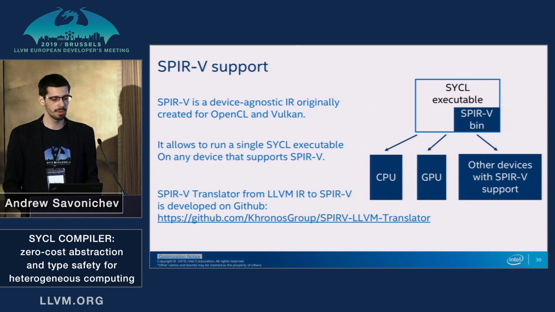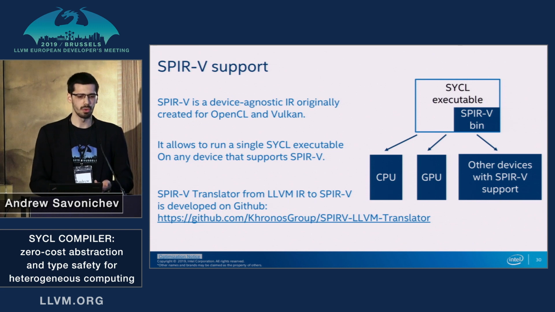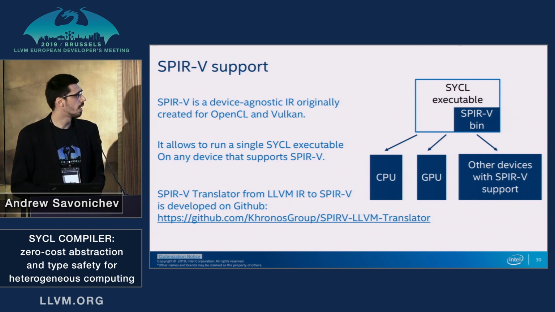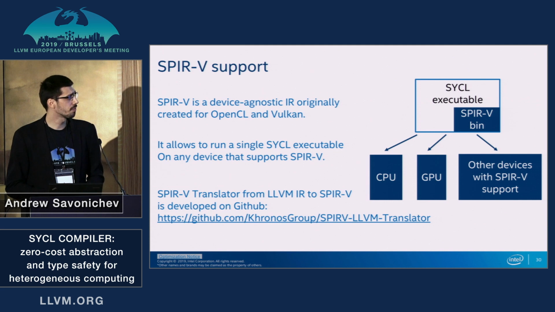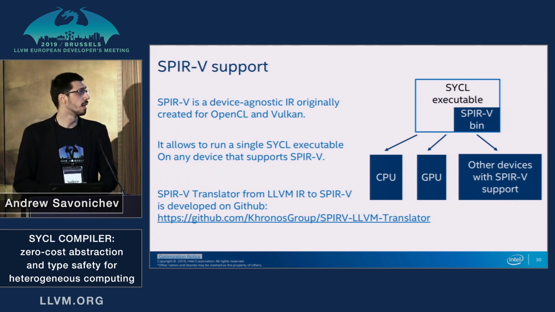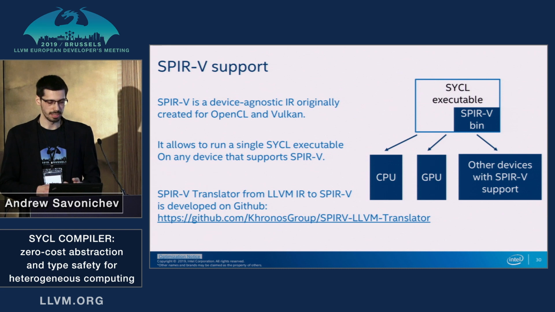It is a portable, device-agnostic intermediate representation that was originally implemented for OpenCL and Vulkan. If you carry this SPIR-V binary instead of a device-specific binary, you can have a single executable that can run on any supported platform, on different accelerators.